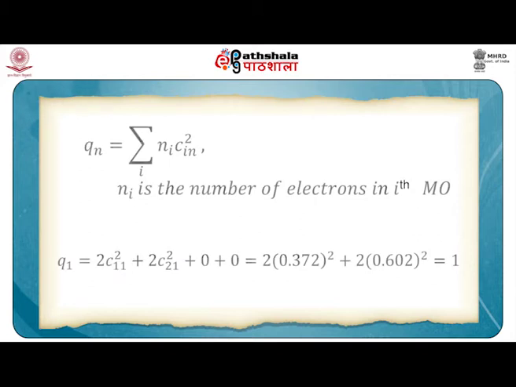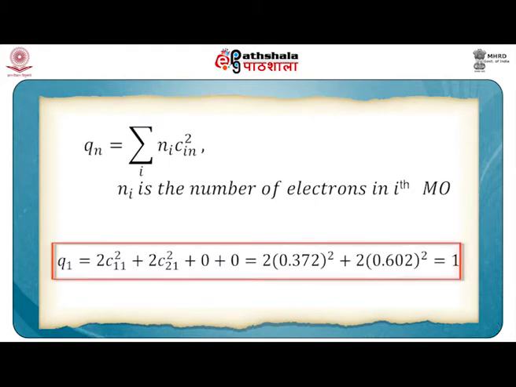You can see here that Q1 will be equal to 2 C11 square plus 2 C21 square. The 2 is because the number of electrons in the bonding molecular orbital is 2, and the second bonding molecular orbital also has 2 electrons. Rest of them have no electrons, so their contribution is 0.